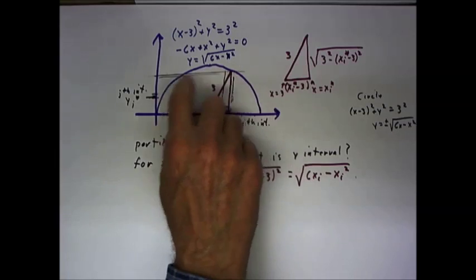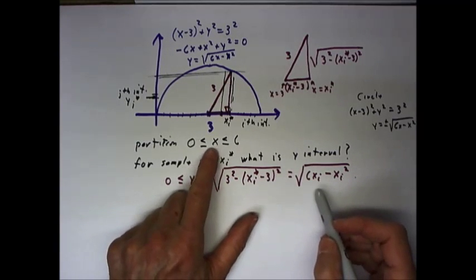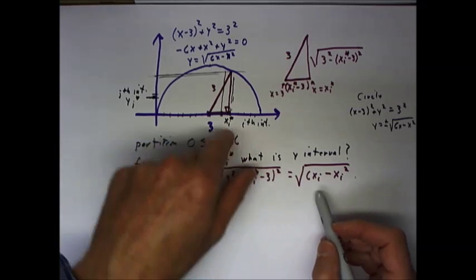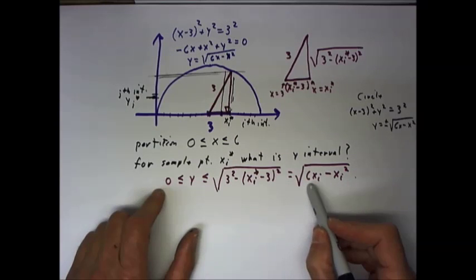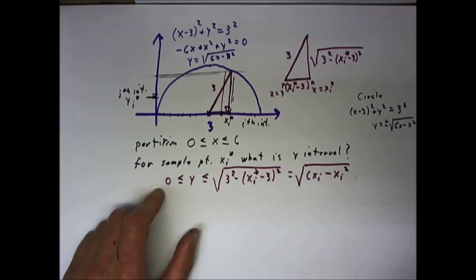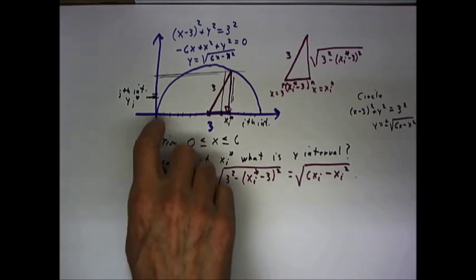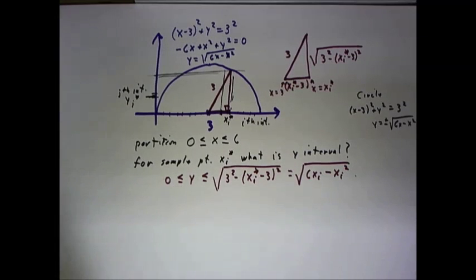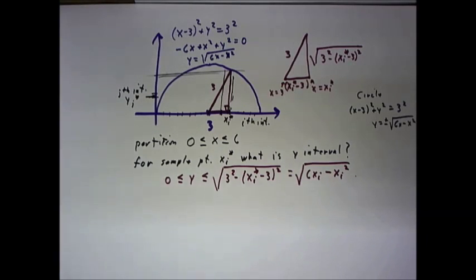Whatever strategy we use to model this region, we see that if we partition x first, then our sample point xi star will correspond to a y interval that goes from 0 to the square root of 6xi minus xi squared. And this leads us to our expression for any integral over this region. Skipping some steps now, not actually writing out the summations, but that's something you should do until you're really comfortable with this.